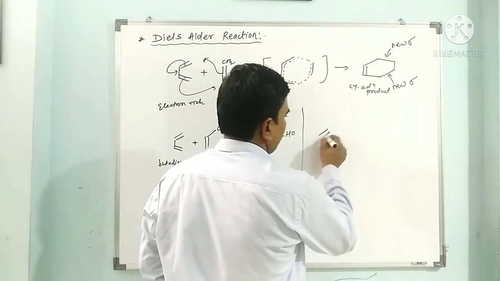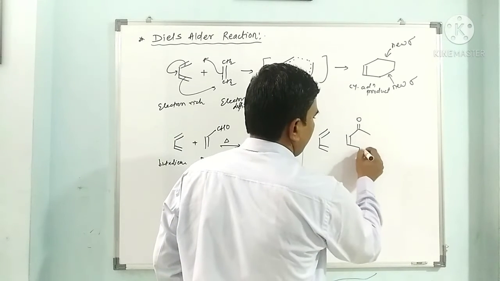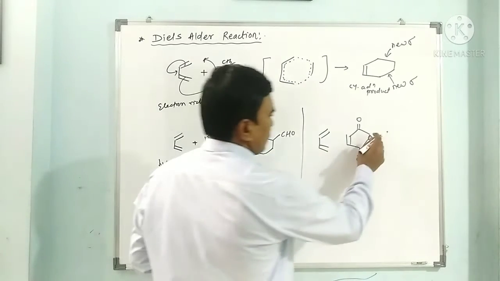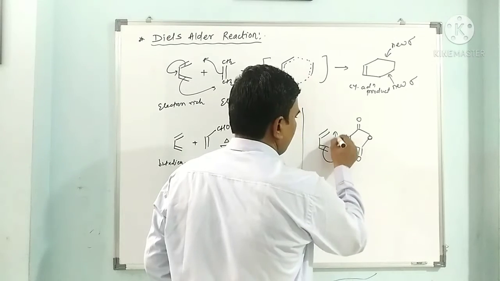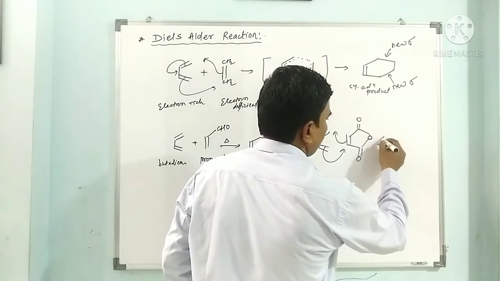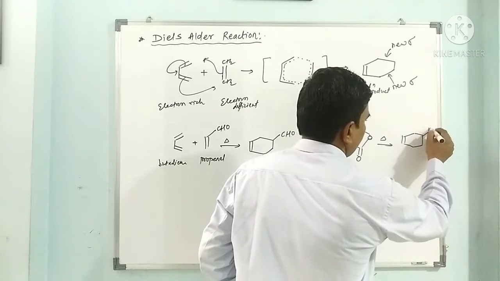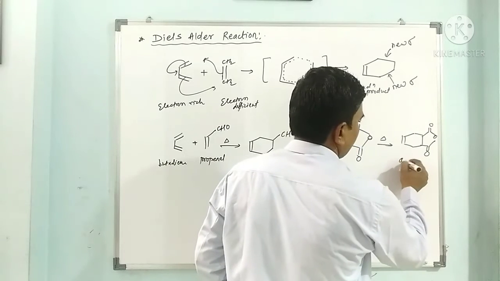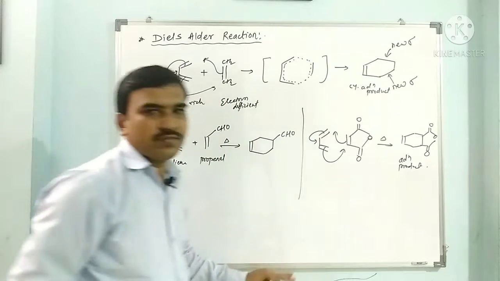We can have here the next example, such as when it reacts with maleic anhydride. So here this is maleic anhydride. When this maleic anhydride reacts with butadiene, we get here this cyclic addition product, C double bond O, C double bond O, and here this is addition product we get.